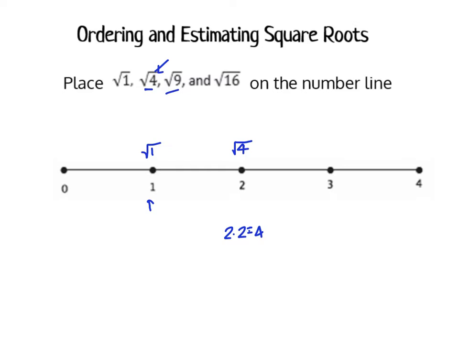The square root of 9 is going to be at 3 because 3 times 3 equals 9, what's under my radical symbol. And the square root of 16 is going to be right here at 4 because 4 times 4 is 16. So taking the square root of something is basically the inverse of squaring something.